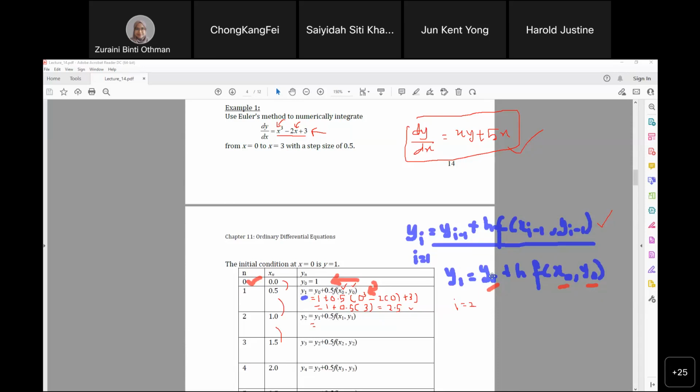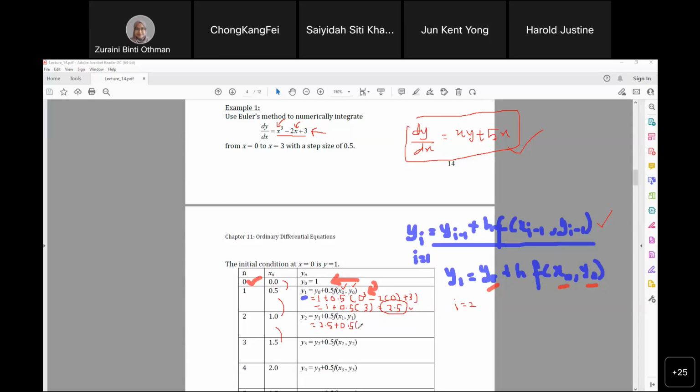Dalam ni y kita akan jadi y1 campur 0.5 x1, y1. Kita akan guna nilai yang sebelum tu. Y1 just now kita dah dapat. Nampak tak kat sini? It will relate to the previous value. Jadi jangan salah previous value. So kat sini ialah 2.5 campur 0.5.